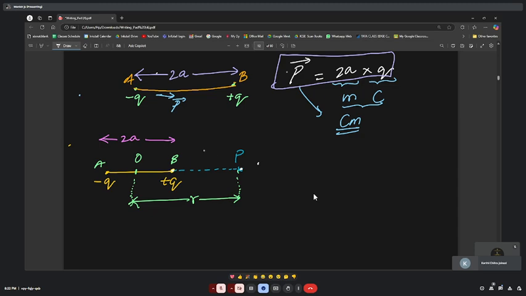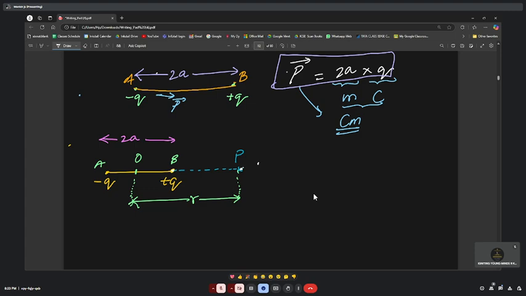I repeat, when you try to find the electric field at point P, it is contributed by both the charges, the positive charge located at B and the negative charge located at A. Therefore, we imagine a small test charge placed at point P, say just plus 1 coulomb.